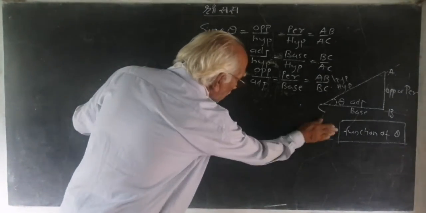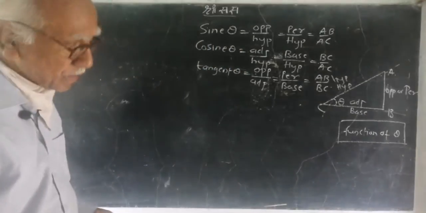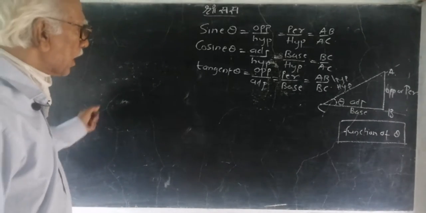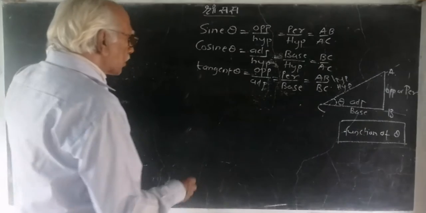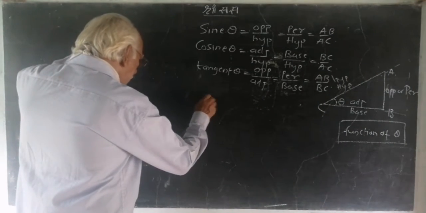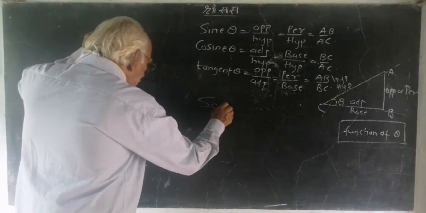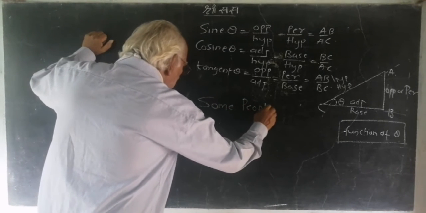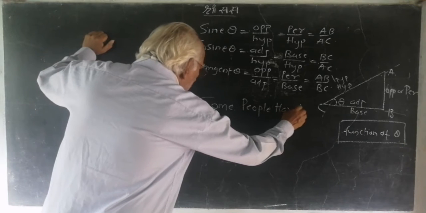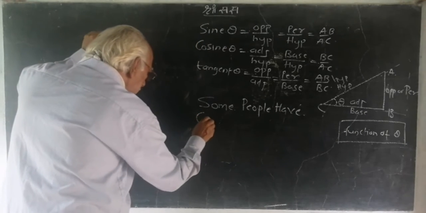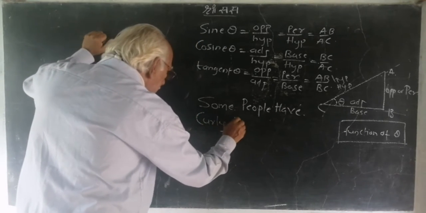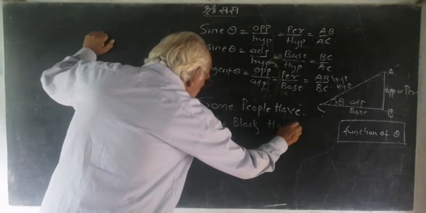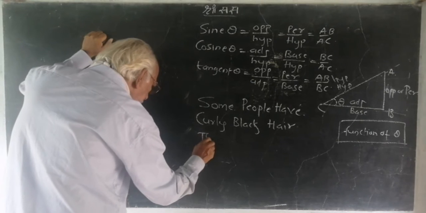So, now to remember these particular conventions, or to remember this particular trigonometric definition, we can go through this particular slogan. What is the slogan? Some people have curly black hair through proper brushing.